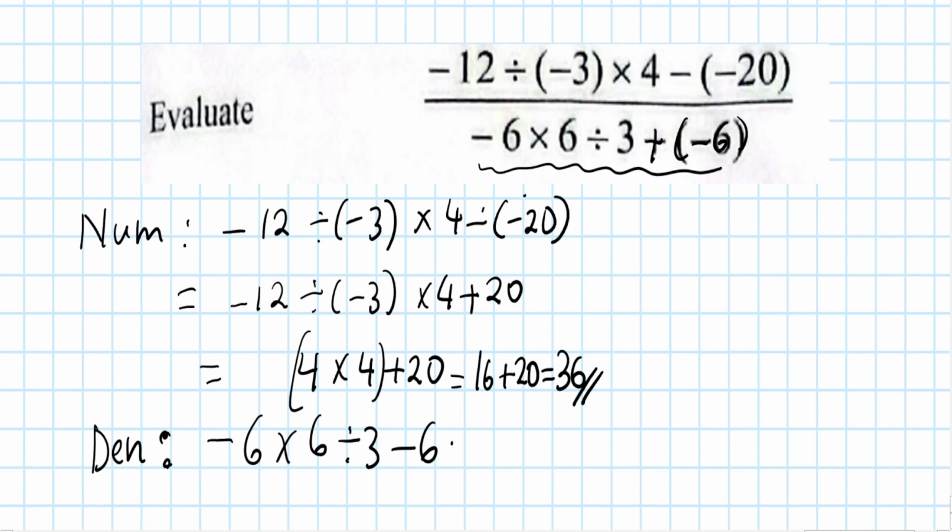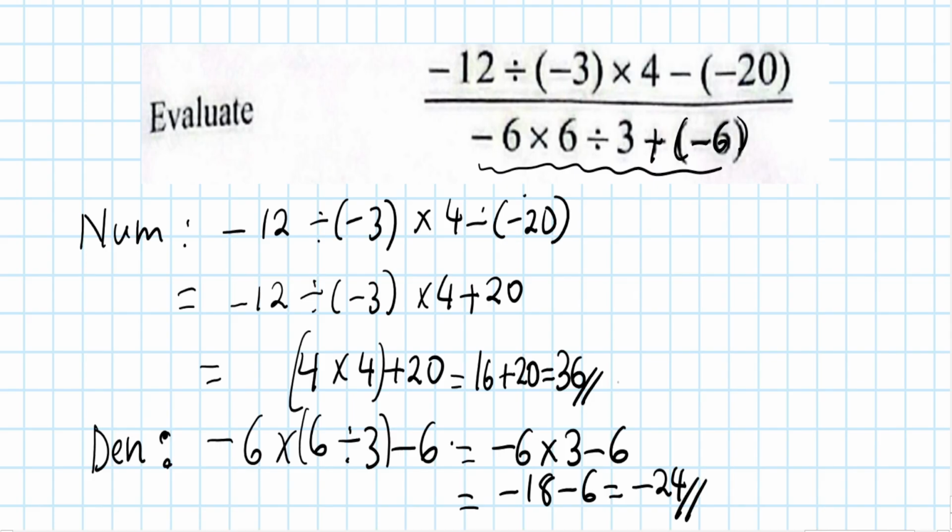We've removed the plus behind there. Then we go to division, BODMAS. So we divide: 6 divided by 3 is 3. So minus 6 times 3 minus 6. Minus 6 times 3 is minus 18, minus 6 is minus 24. That is the answer.